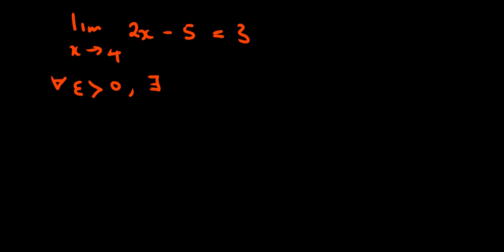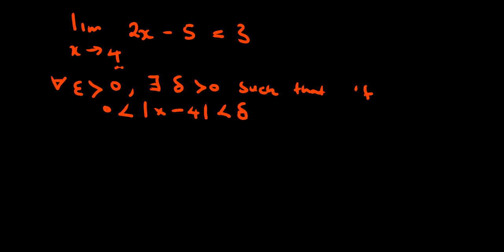So for every epsilon greater than 0, there exists a delta greater than 0 such that if I have 0 less than the modulus of x minus a, where a, in this case, is where the limit is approaching, which is 4. So it's approaching 4. The modulus has to be less than that delta.